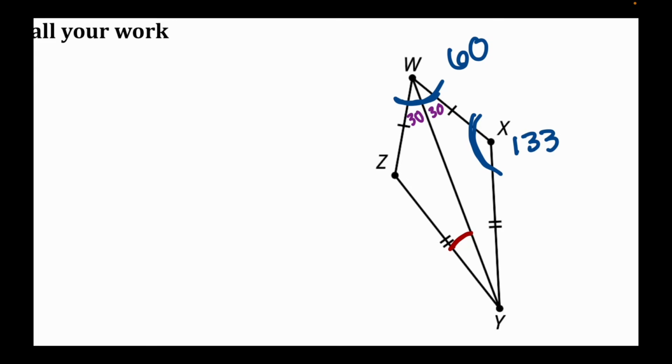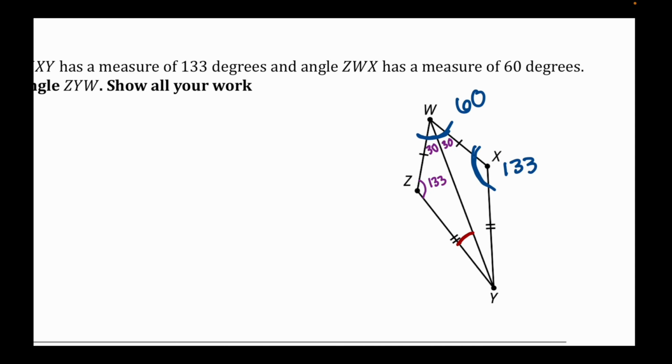It also means this 133 is going to correspond over here and also be 133. And the last piece of information I'm going to use is that a whole triangle adds up to 180 degrees. So we can say 30 plus 133 plus our red angle here, angle ZYW, I can say that is 180 degrees.